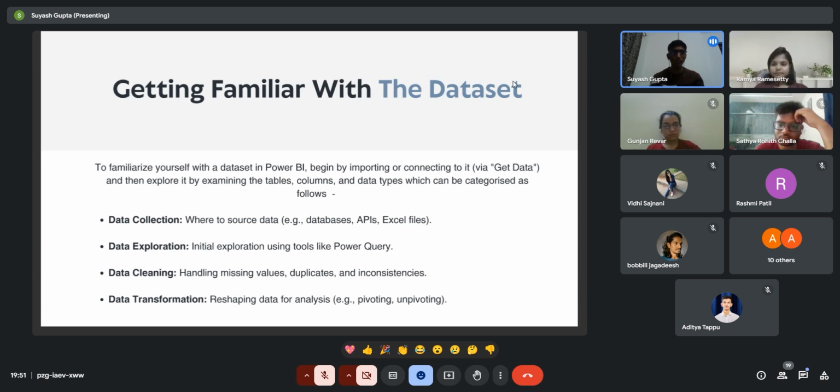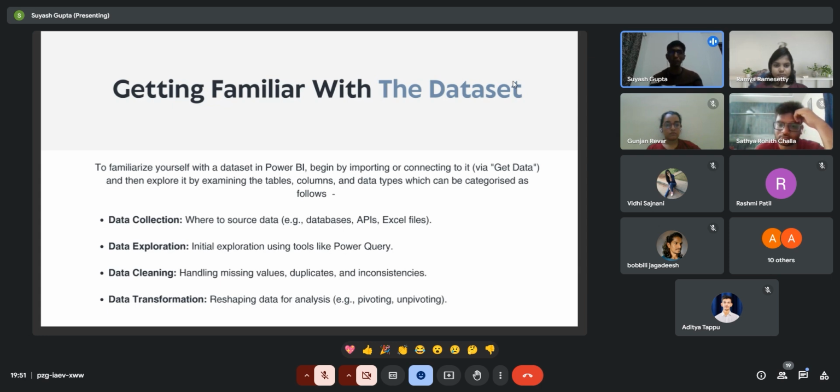First, data collection: where to source the data from. It could be a SQL database, Excel files, or CSV files. From data collection, we will move to data exploration, and in Power BI we have tools like Power Query from where we could start our initial exploration.